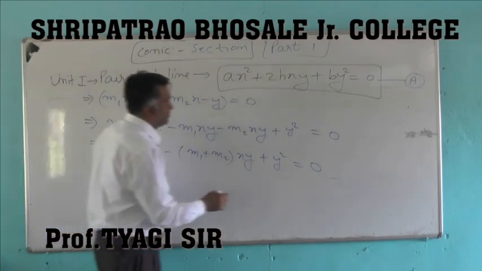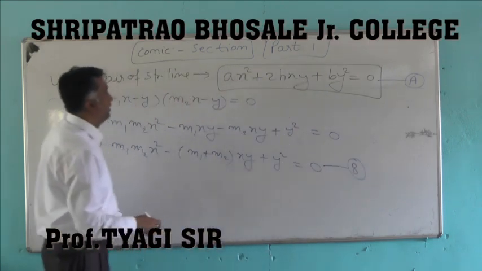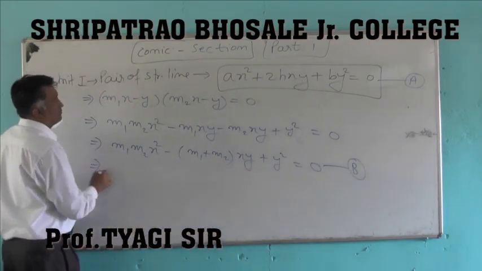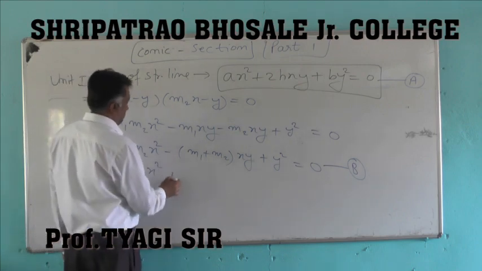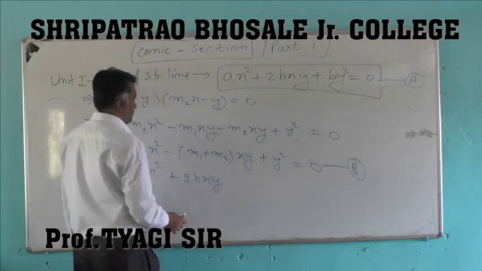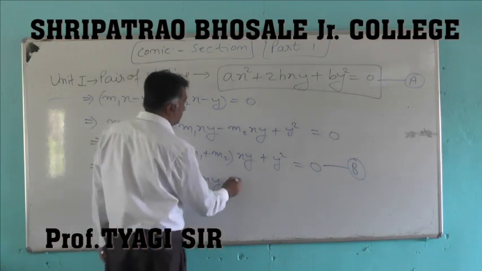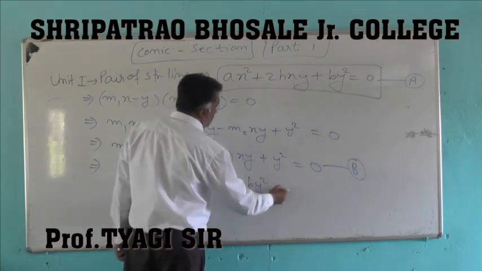Now it is equation B, and we will compare it with ax square plus 2hxy plus by square equal to 0.